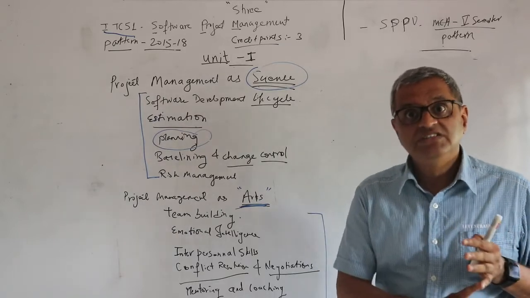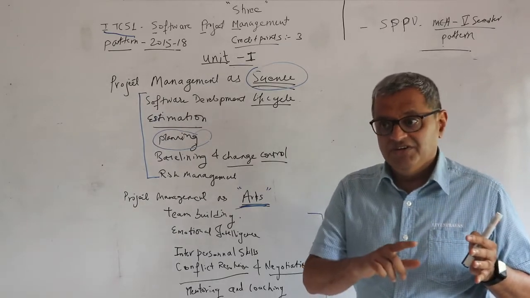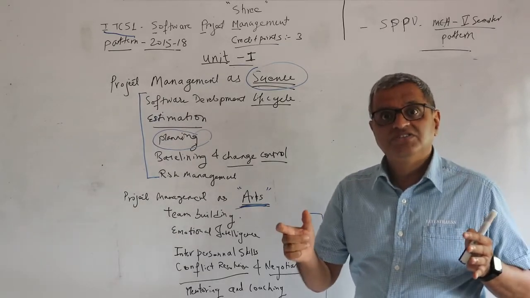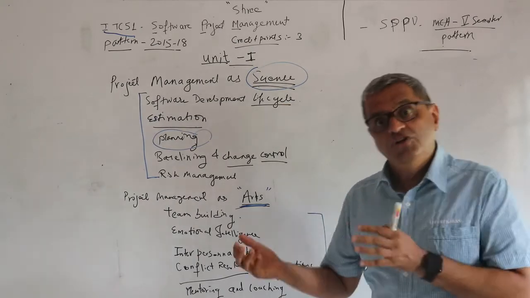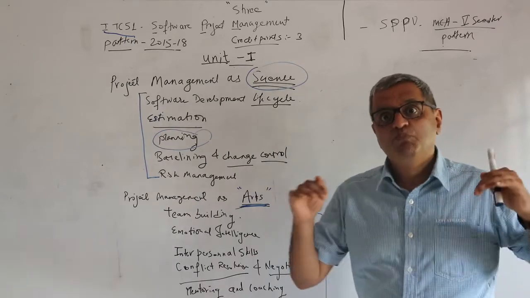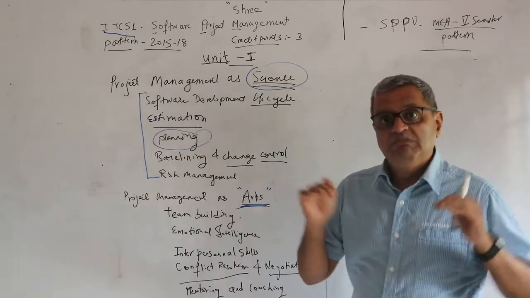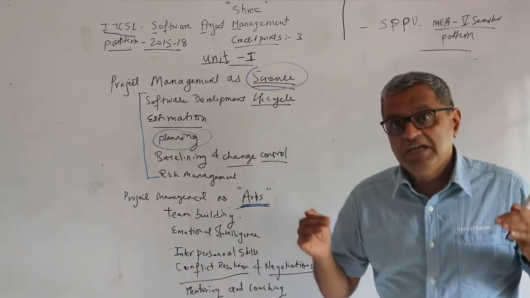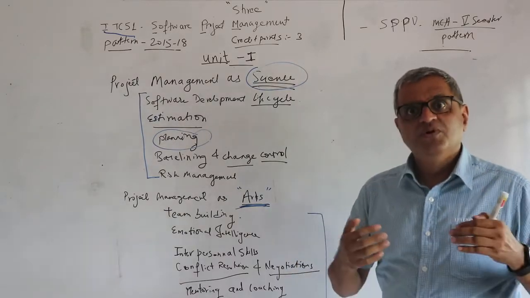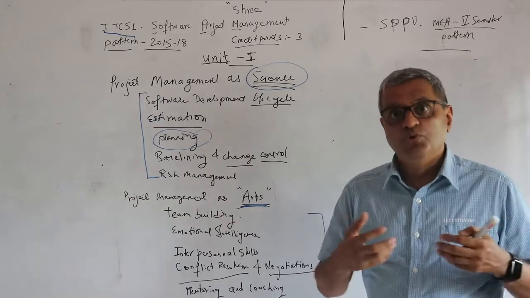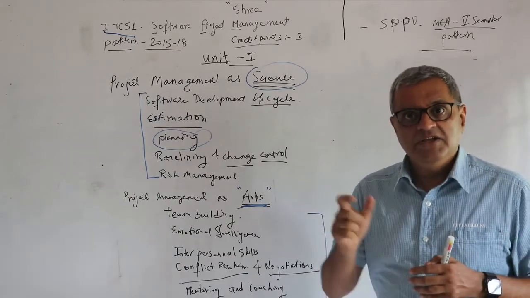Once the measurement is done, it's comparing the measures that are expected versus what you are getting, and then putting the controls in place, or putting the improvements in place, such that going forward the measurements get improved or the readings get improved.